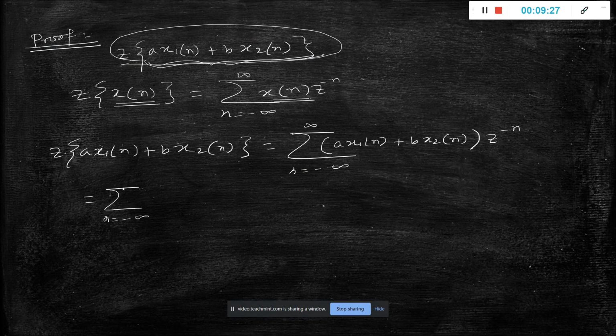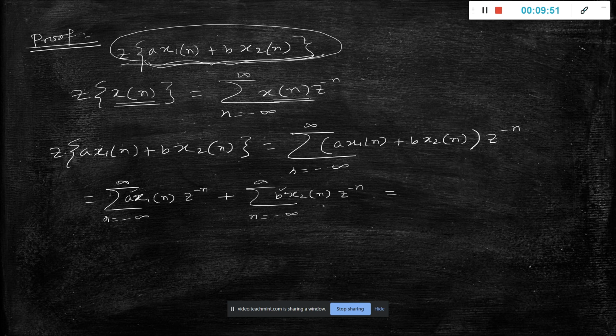n equal to minus infinity to plus infinity a x1n z to the power minus n plus n equal to minus infinity to plus infinity b x2n z to the power minus n. Now in this equation, a is a constant and in this equation b is the constant.